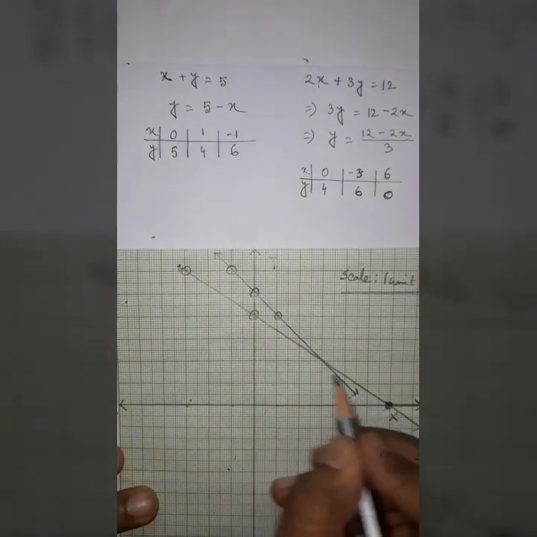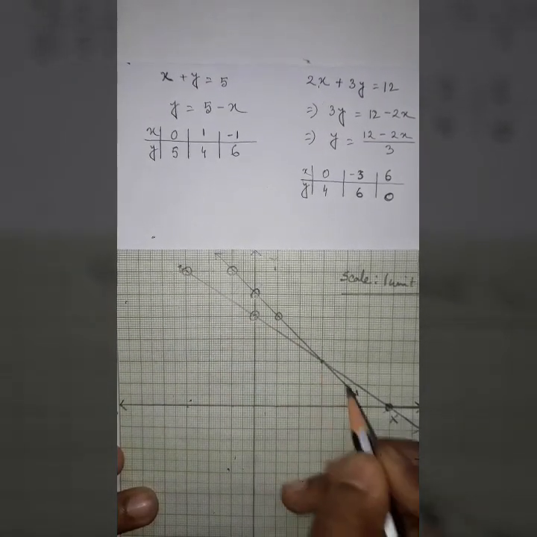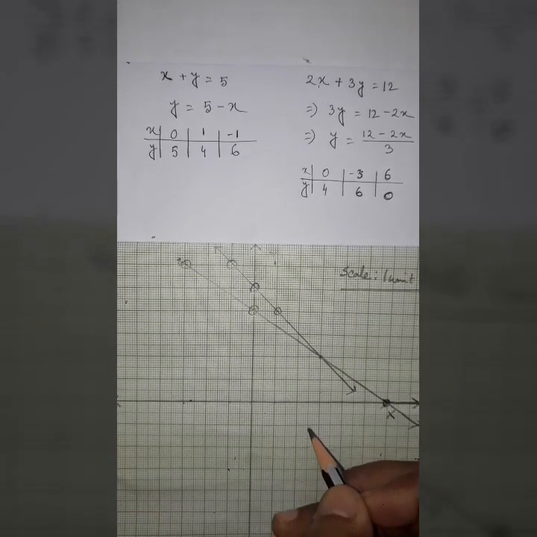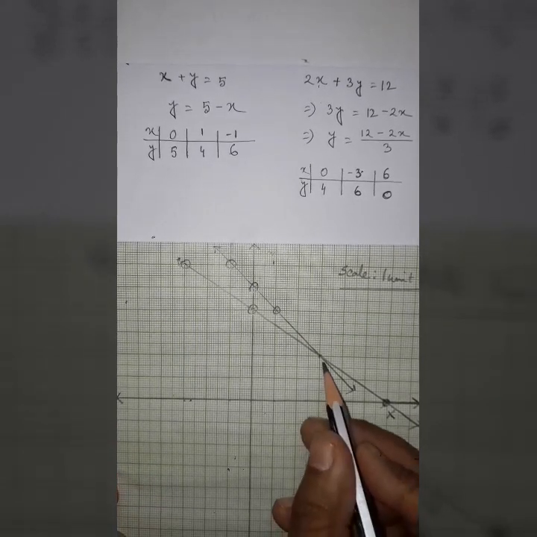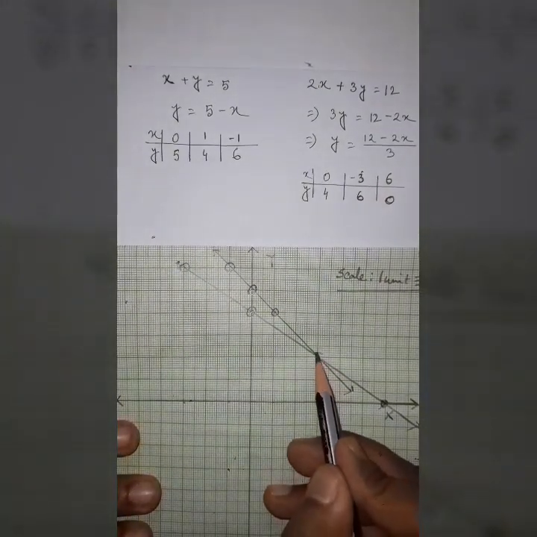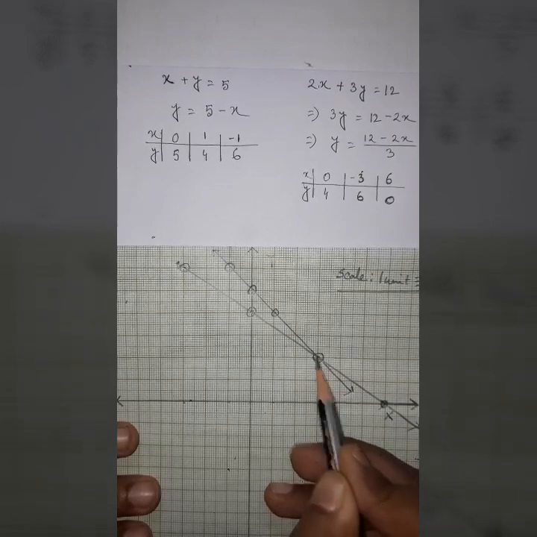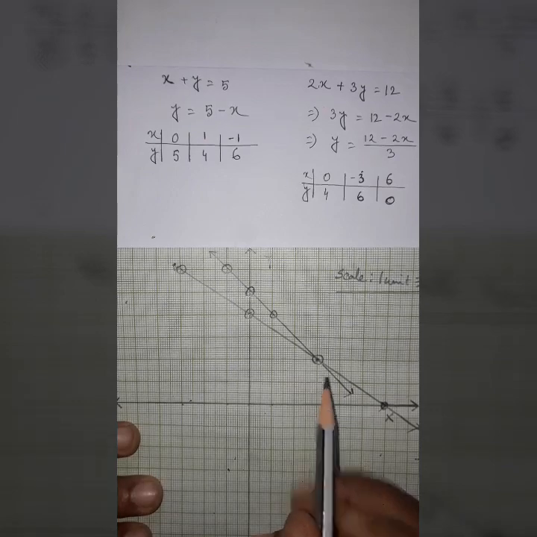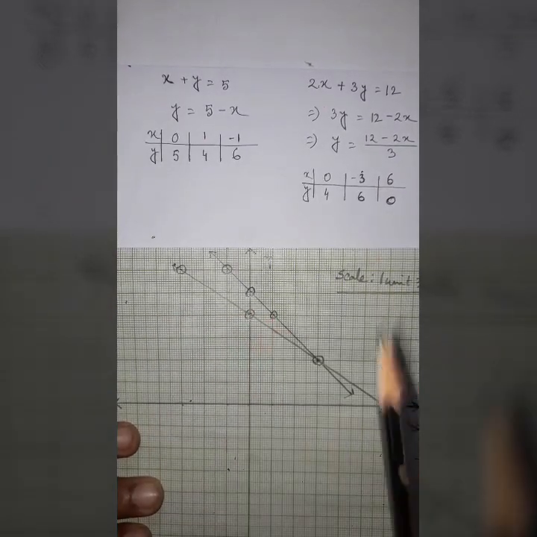You see, this is the point of intersection. What is the point of intersection? This is the point of intersection. What is the coordinate of this point? That will be the solution for these 2 equations.